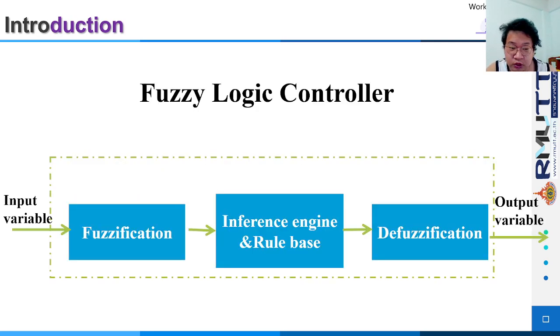Next, fuzzy logic controllers are mainly divided into 3 processes. Number 1, fuzzification is the process of converting input quantities such as temperature, pressure, velocity, etc. into membership values in a fuzzy set.